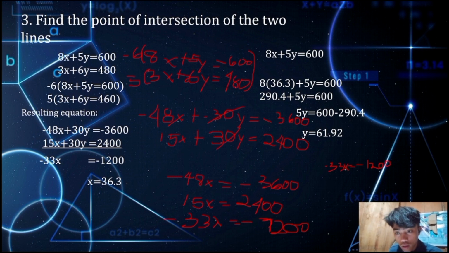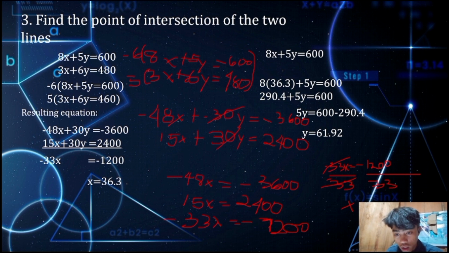Negative 33x pala. So, tanggalin natin yan para makuha natin yung x. Alisin natin yung 33, like eliminate. So, 33, di ba, 1,200 divided by 33 is 36.3.